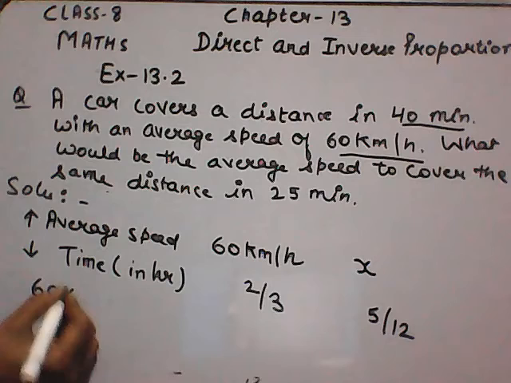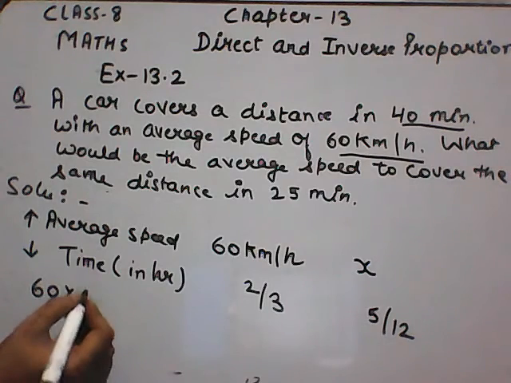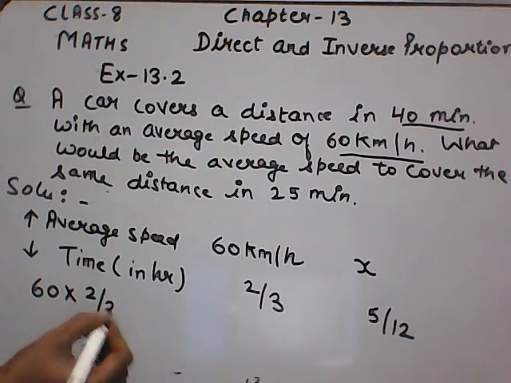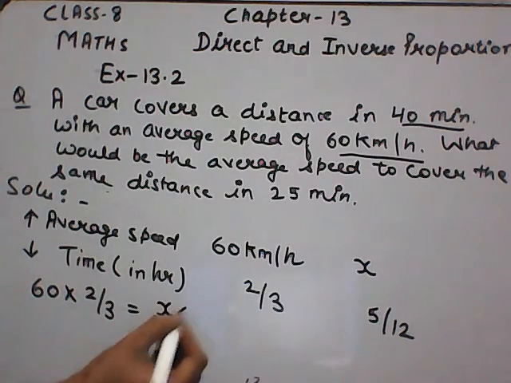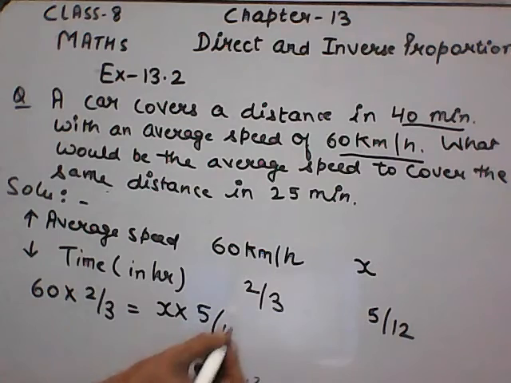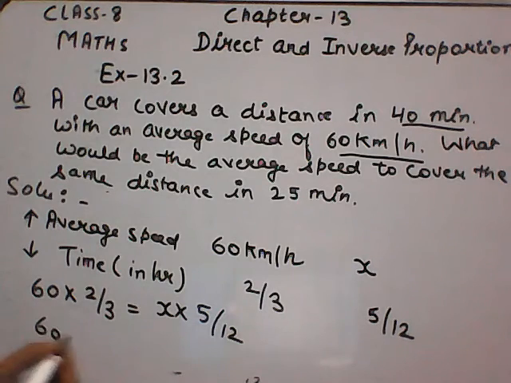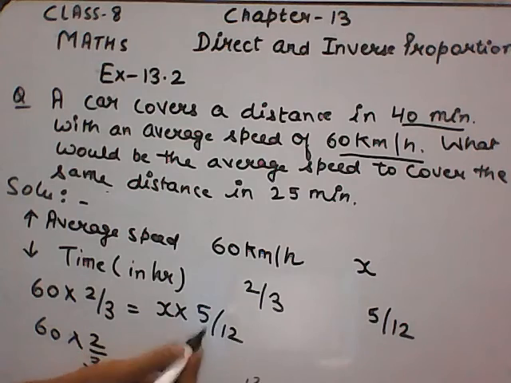So we take the product of corresponding values of x and y. x multiplied by 5 by 12 equals 60 multiplied by 2 by 3. Now you have to find the value of x. Here 5 by 12 is a multiplier.